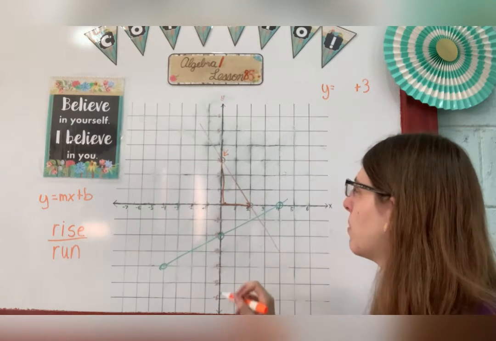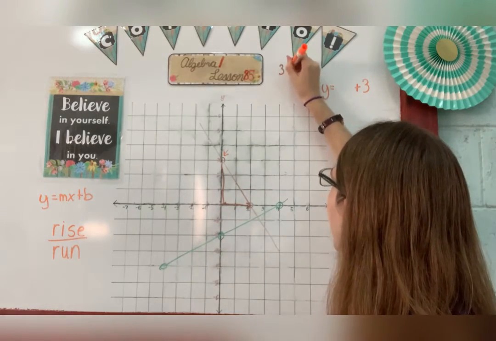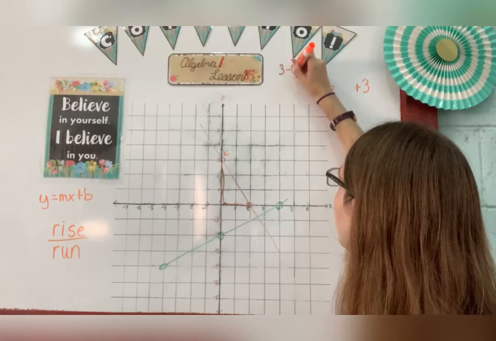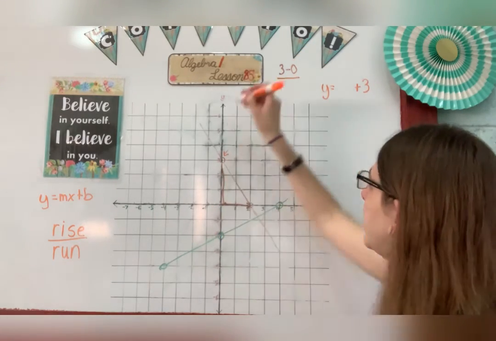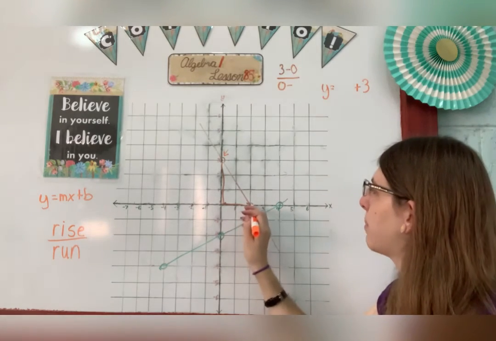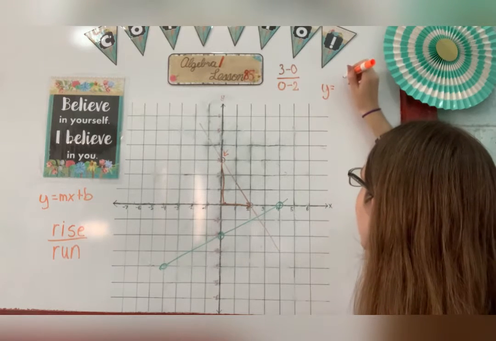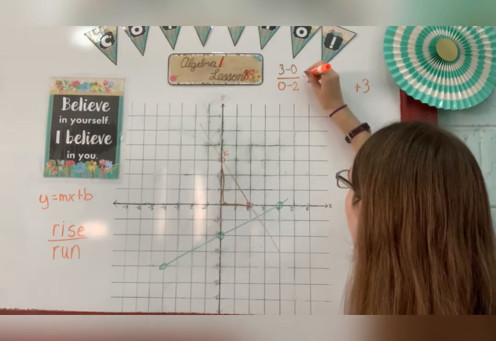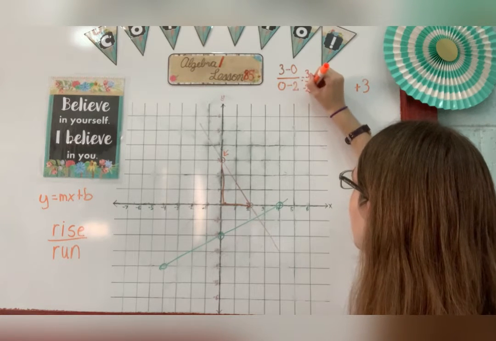My change in y would be 3 minus, well, this point is at 0, so 3 minus 0. My change in x, I'm at 0, minus, and this point is at x equals 2. So 3 minus 0 is 3. 0 minus 2 is negative 2.